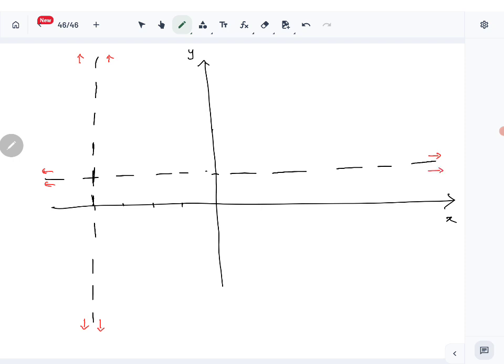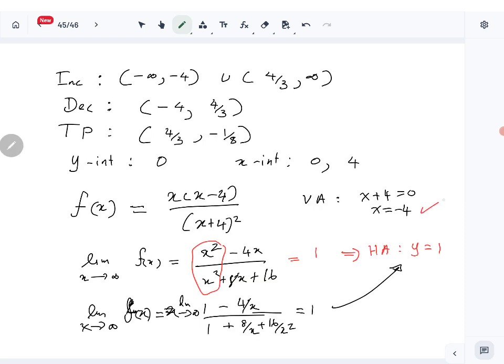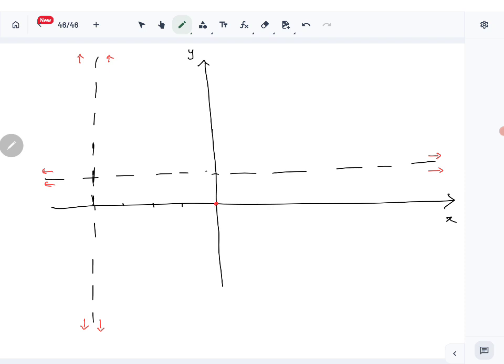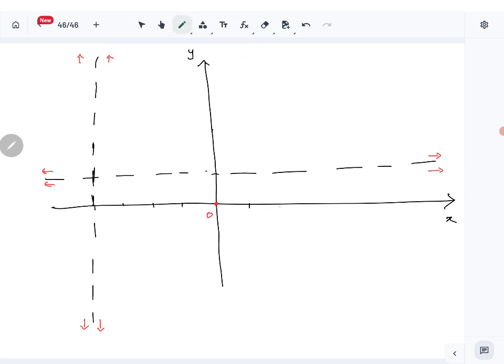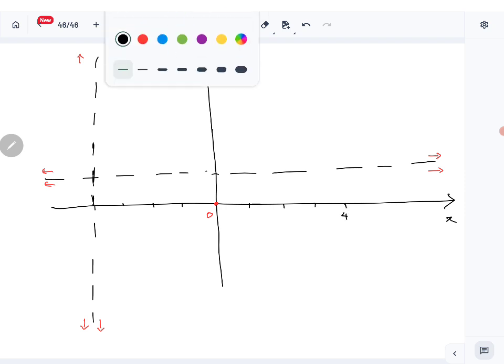Right. So then what else do we need to mark? Asymptotes are done. Let's mark the intercepts 0 and 4. So 0 and at 4. Right. So there are our x-intercepts. Y-intercept is marked.